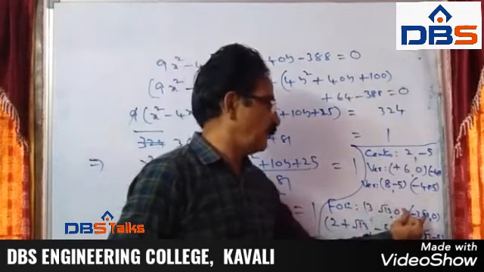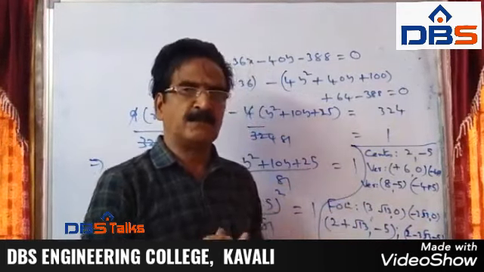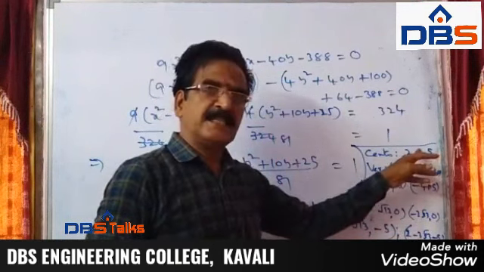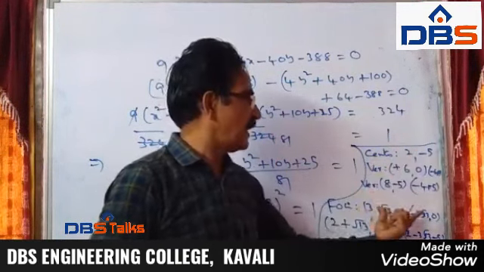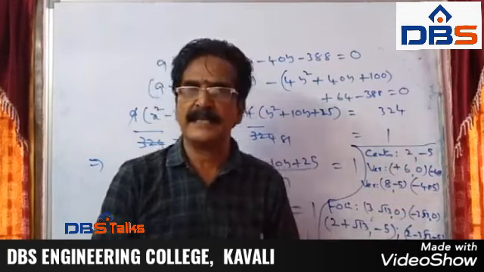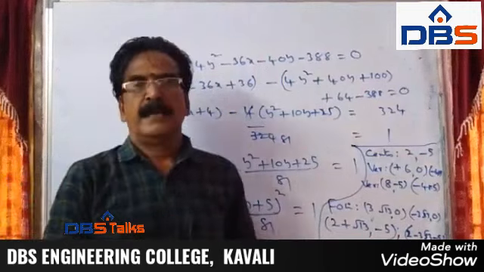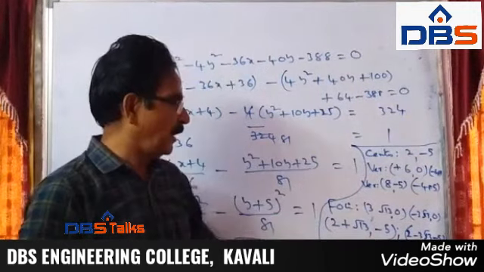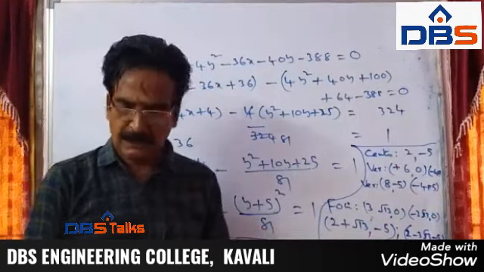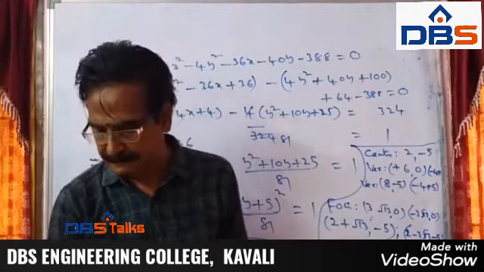See, these are the foci of our standard form x square by a square where the center is 0, 0. Now the center is 2 comma minus 5. Just add the center to these coordinates, then we will get the coordinates of the hyperbola whose center is h comma k. Okay friends, this is one problem. We shall do some more problems in our next class. Thank you.